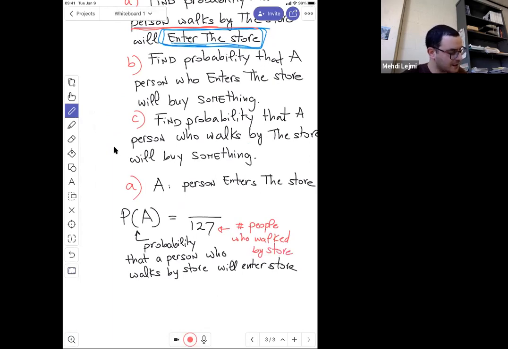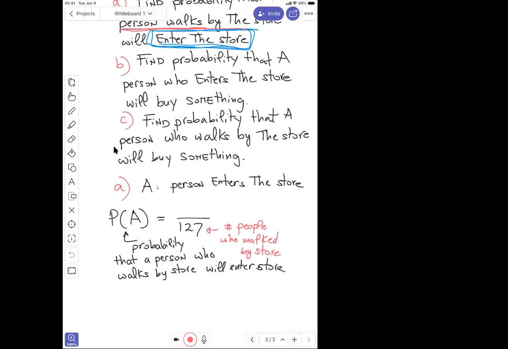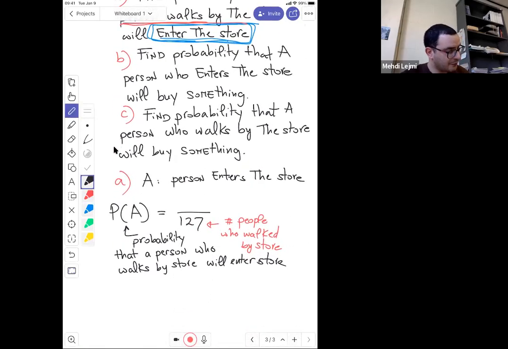Out of the 127, how many enter the store? 58, very good. So on the top, the frequency of the event is 58. Again, the event is that a person enters the store. So the frequency of the event is 58 because 58 people entered the store.